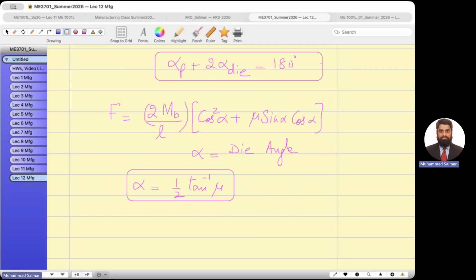One second. Sheet metal analysis. This is the formula.